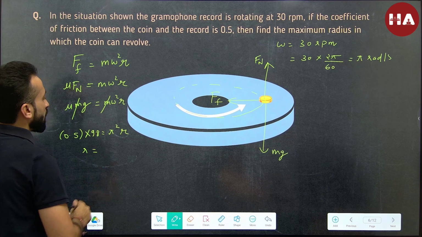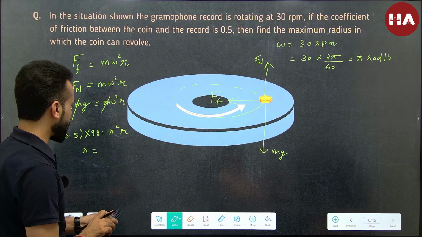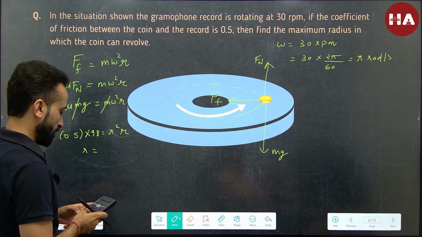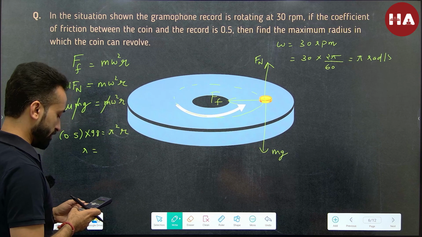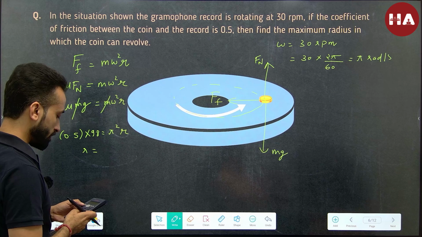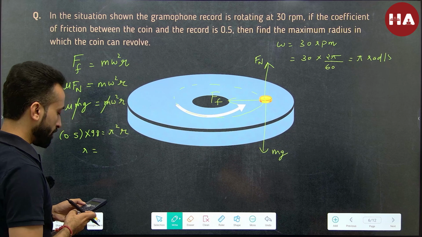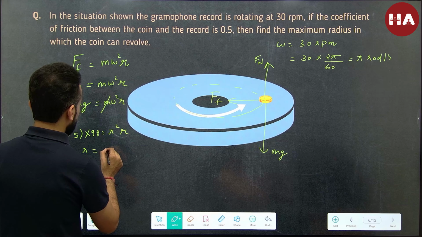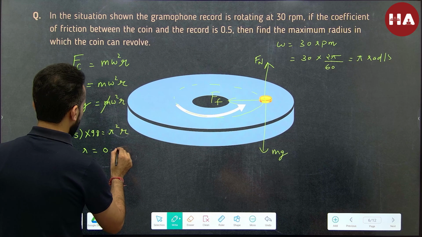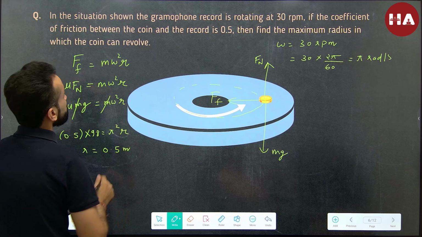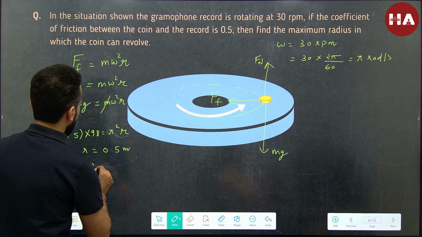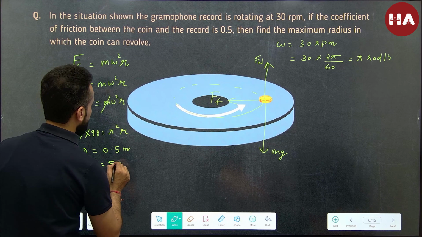So the value of r, we can just do the calculation very quickly. This is going to be 0.5 times 9.8 divided by pi, and then again divided by pi. So what I am getting is 0.496. So let's take it as 0.5. All right. It's going to be 0.5 meters. So in centimeter, it has to be 50 centimeter, isn't it?